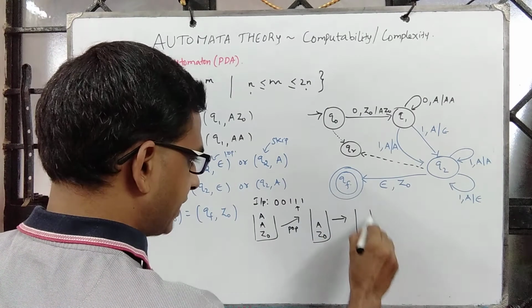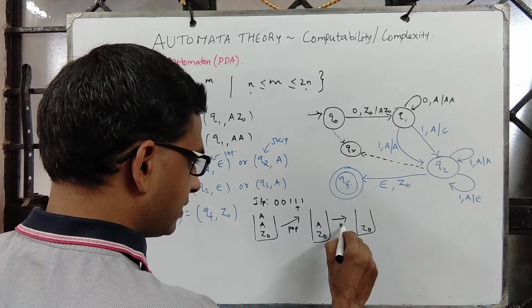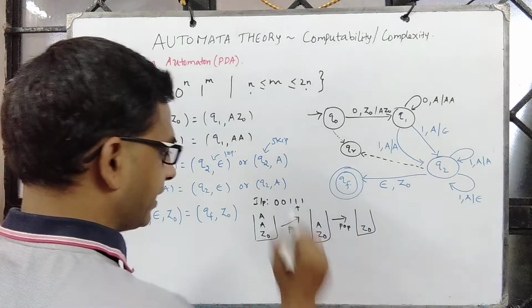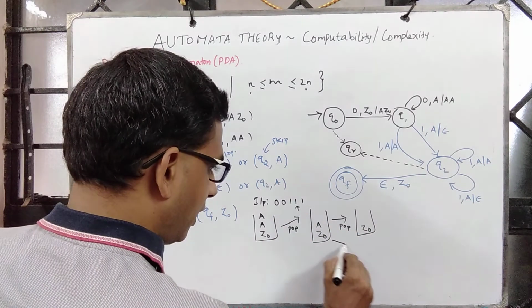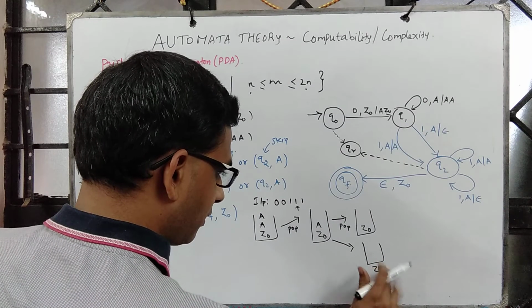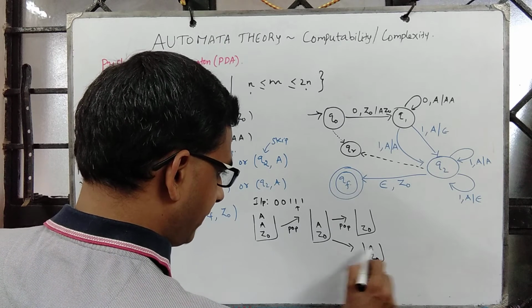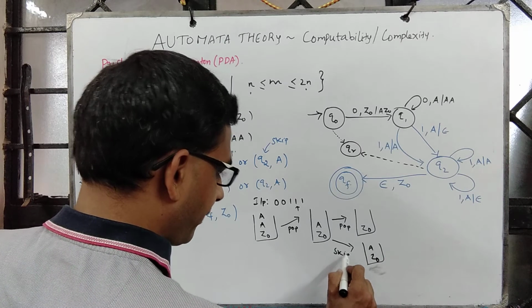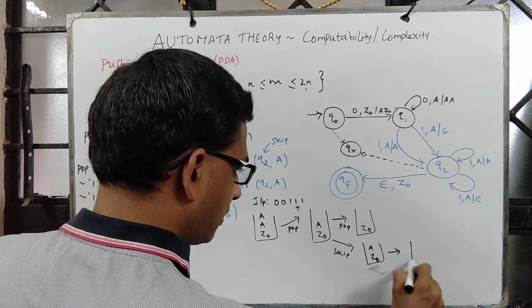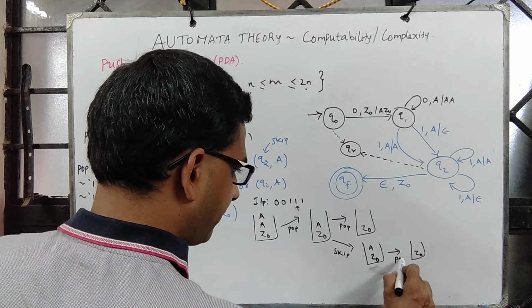The next one says you also pop this and the pointer is here, or it says you skip and go to the next one, and when you go to the next one you perform pop.